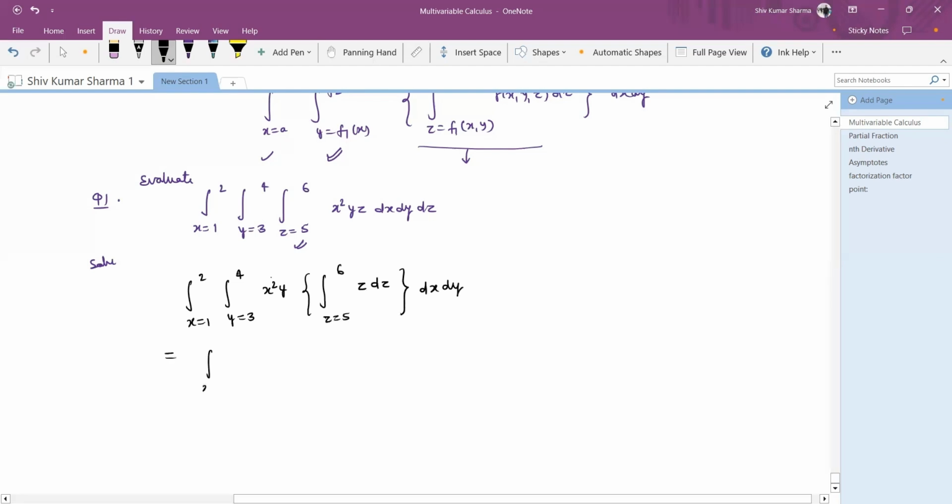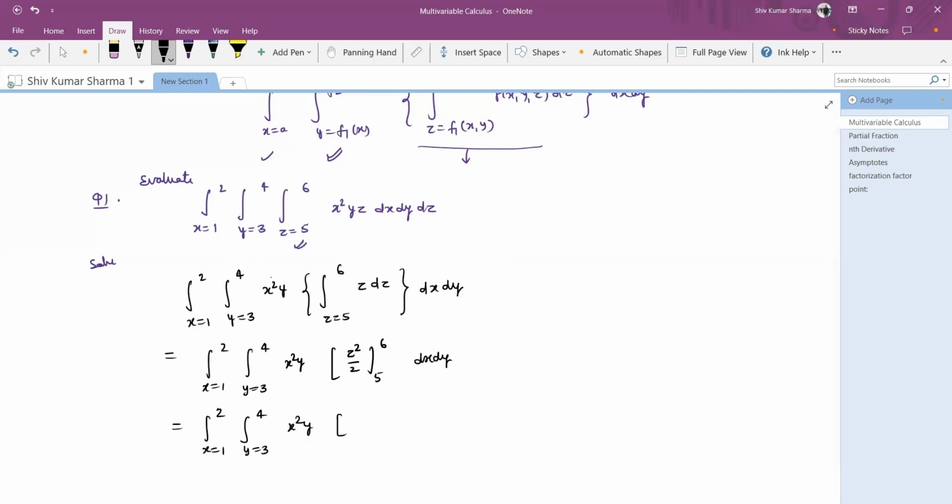The integration of this is z square upon 2, with limits 5 to 6. So we can write x equal to 1 to 2, y equal to 3 to 4, x square y, and when we put z equal to 6, 6 square is 36, minus 5 square is 25, upon 2, dx into dy.